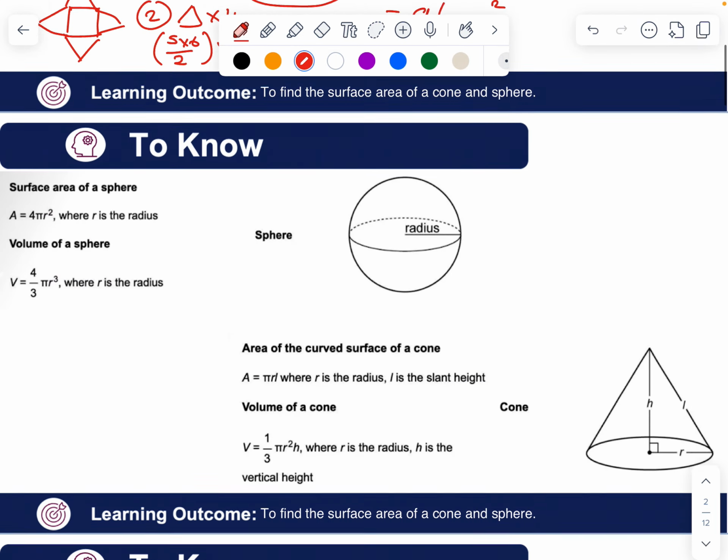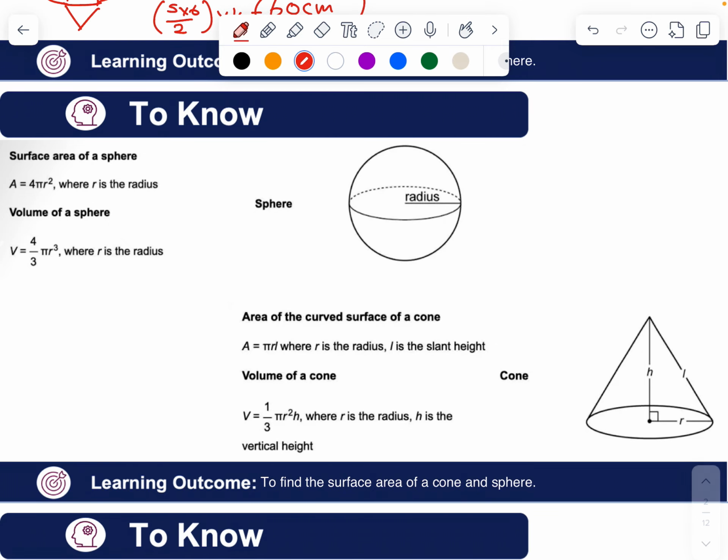Right, what we're going to move on to now is, again, on the formula page, you're given some of the formulas that you need, so you don't have to remember. The surface area of a sphere, a sphere is a ball. If you put the net of that shape flat, it'd be quite difficult to draw, but they're giving you the formula for it. So it's 4 pi r squared. The volume we're going to come on to maybe next lesson.